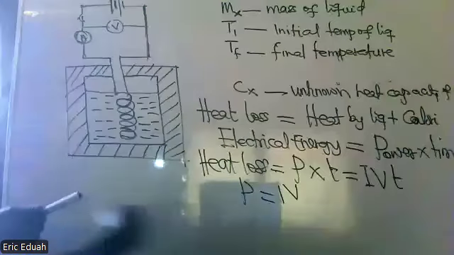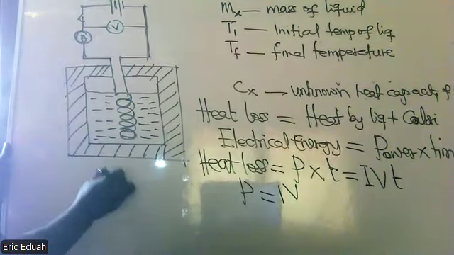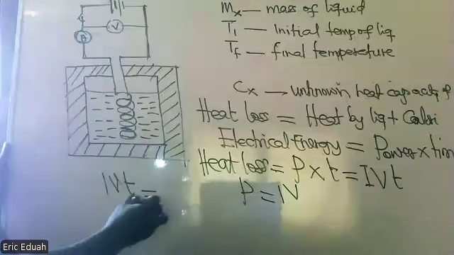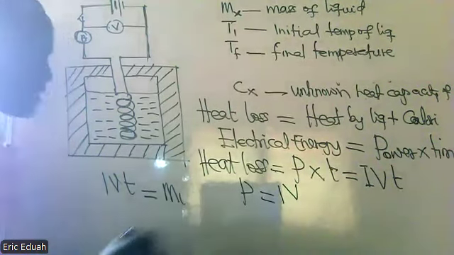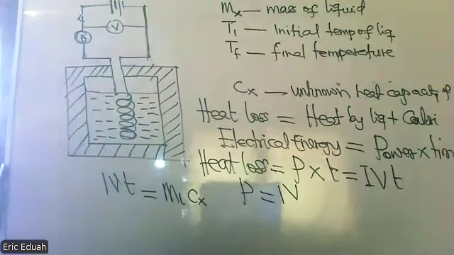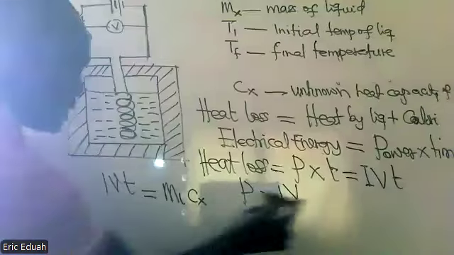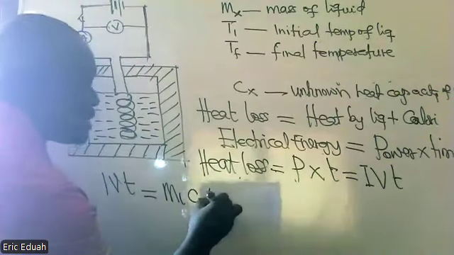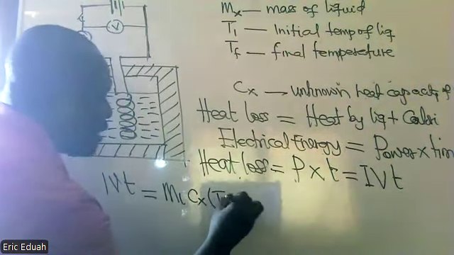So when you relate, we have I V T being equal to M, mass of the liquid, times specific heat capacity of the liquid, which is not known or which is to be determined, times the change in temperature, T final minus T1.